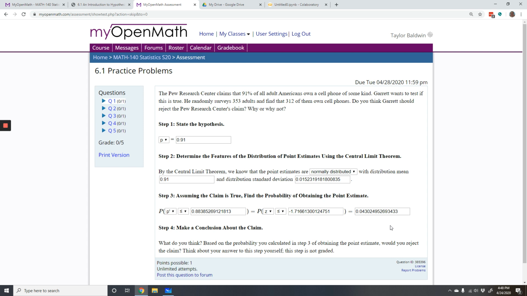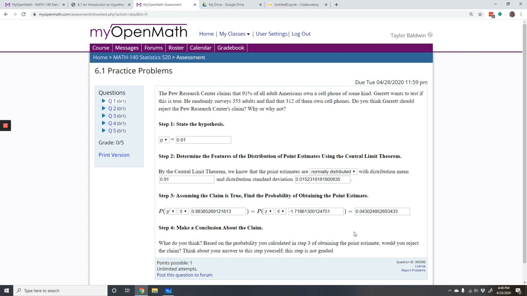So either you're really lucky, or our assumption at the beginning that the population proportion is 91%, that's actually not true. Maybe it's actually lower. Maybe the Pew Research Center is wrong. So at this point, we're just kind of guessing. We're looking at this and saying, that's really low. I think the Pew Research Center is wrong, that the true population proportion is not 91%.